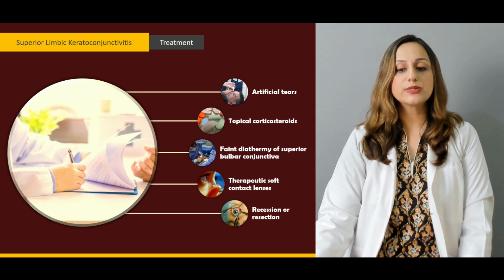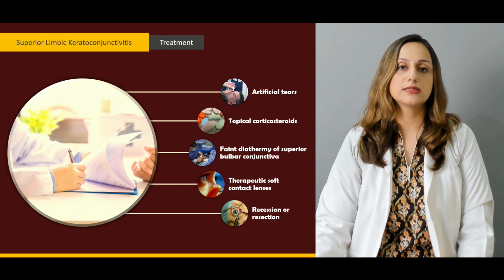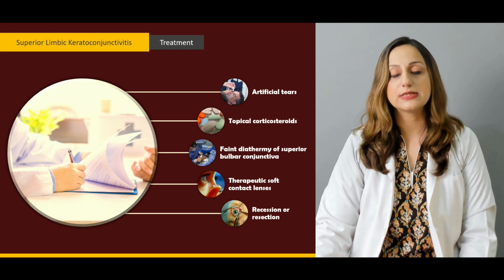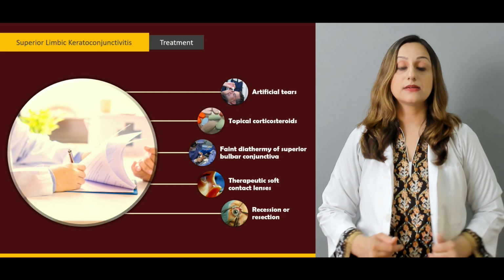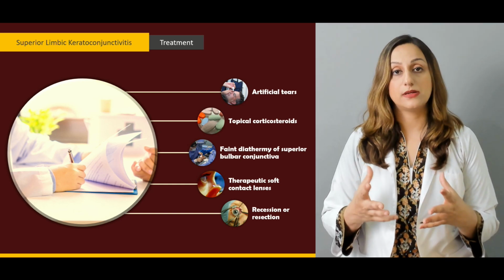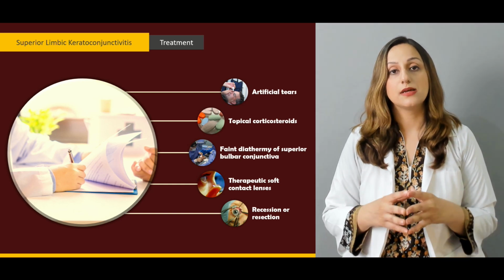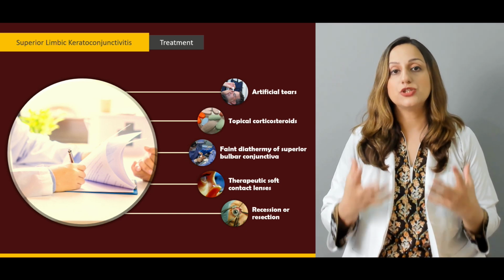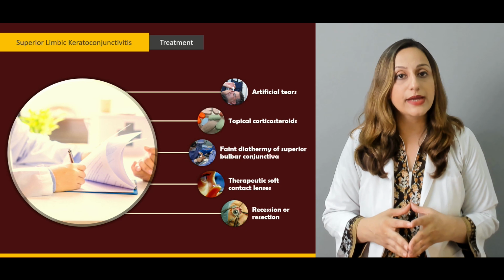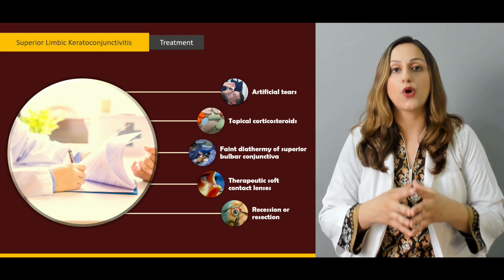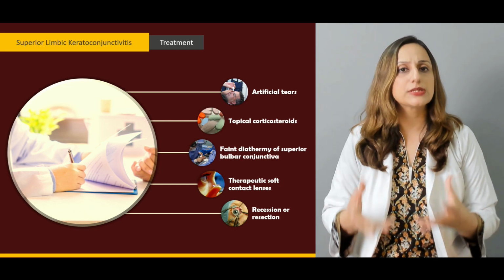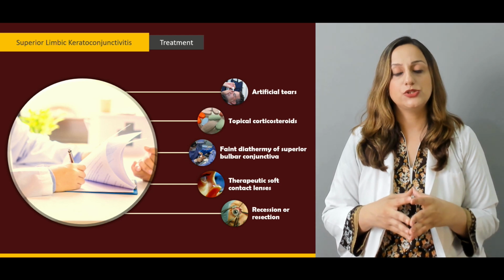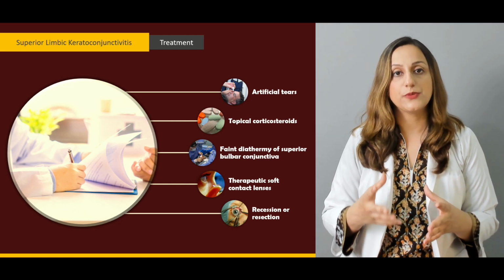Now, why are these recessions and resections done for these patients? Sometimes, along with the hyperthyroidism, these patients are suffering from proptosis, which makes a condition known as exposure keratitis more common. And sometimes even the conjunctiva is involved due to the proptosis.